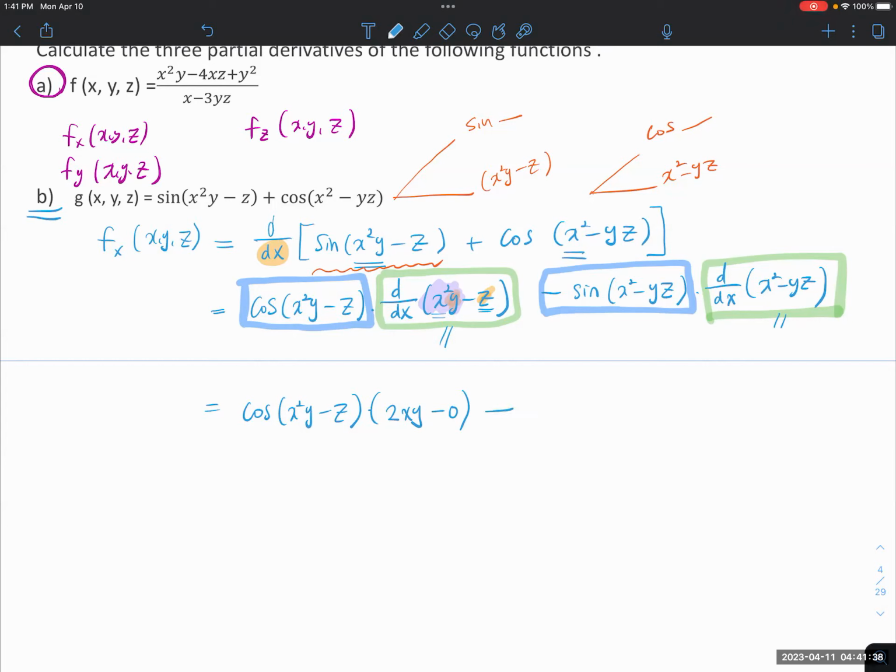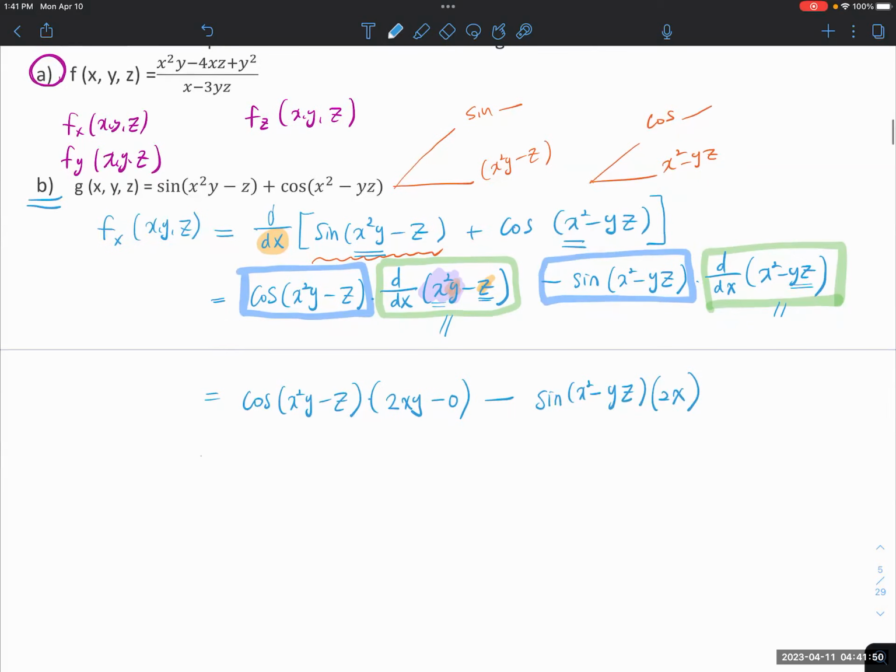And I have negative sine x squared minus yz. Same thing, this is a constant, will be 0. And we have only 2x right there. So you can organize the order. Always the number is first. So 2xy cosine x squared y minus z minus 2x sine x squared minus yz.